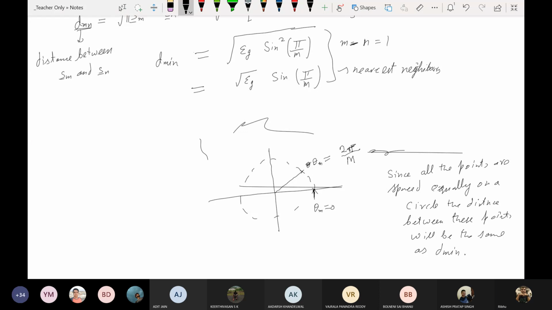Agreed. Kirti, you agree with this? So you're saying all the adjacent points will have the same distance, equally spaced. That's it, right? Yes.